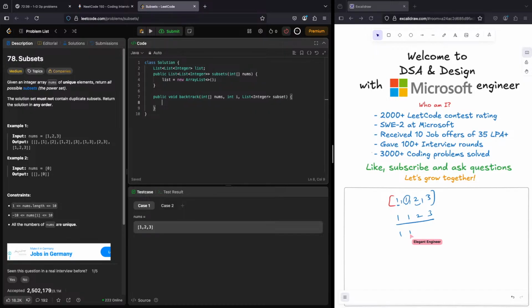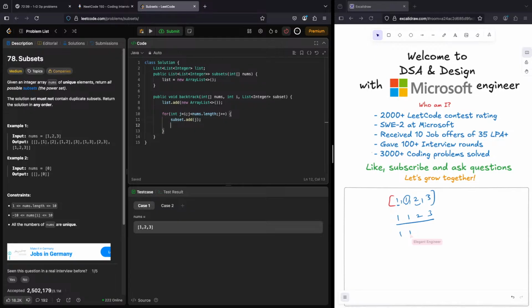This is a subset, right? So what we are going to do is add this to a new array list. Now for the next time you can start from int j equal to i, j less than nums.length, j plus plus, and put this inside subset.add(j).